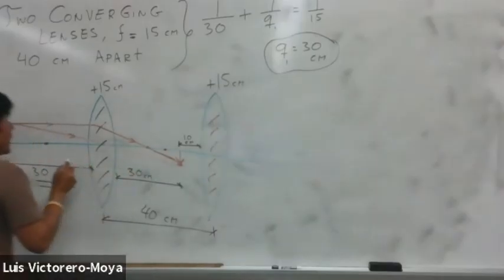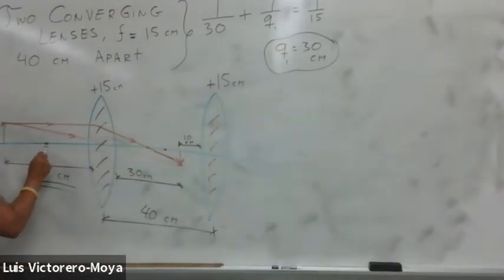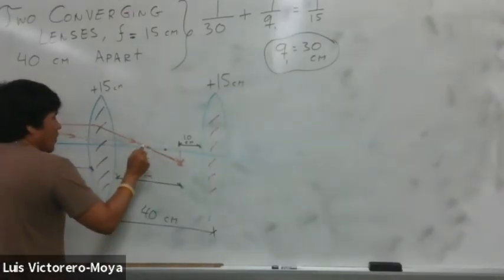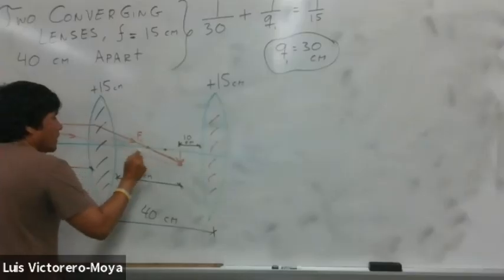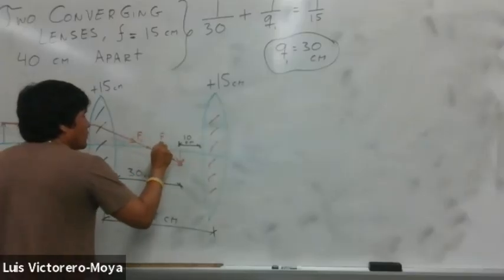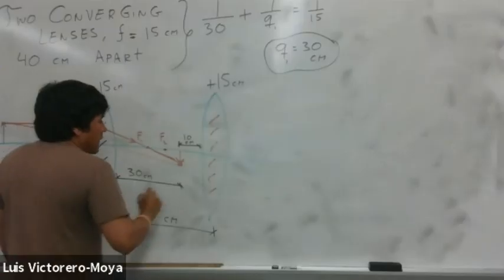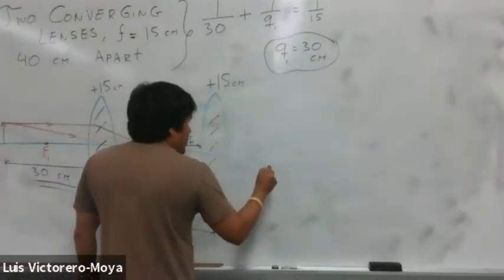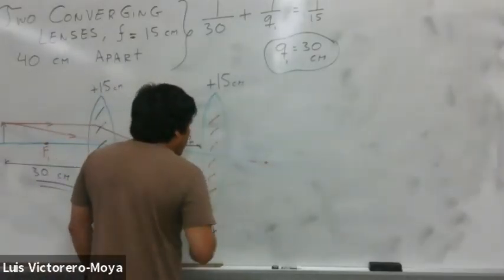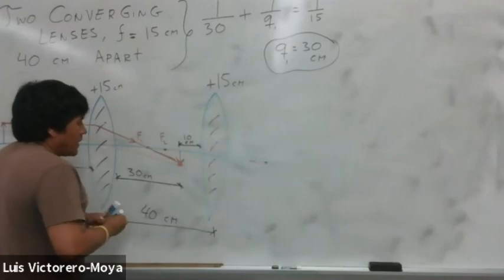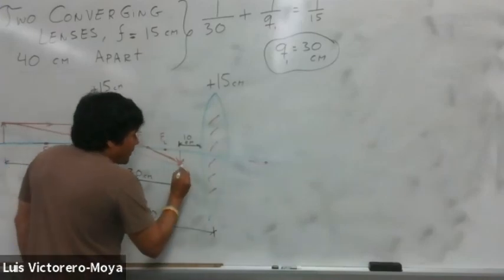So let's call this F1, F1, F2, there. And then in fact, we can say that there is F2 here, right? If you remember, I did something like this yesterday.